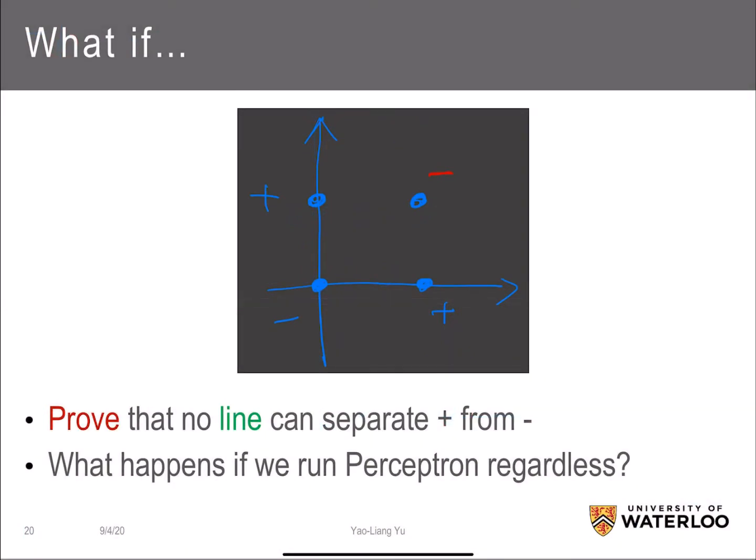Another interesting exercise for you to do is, what if we change one of the labels? Okay, if we change the point here from plus to minus, now the first thing you need to prove is that there is no line that can separate the positive from the negative.